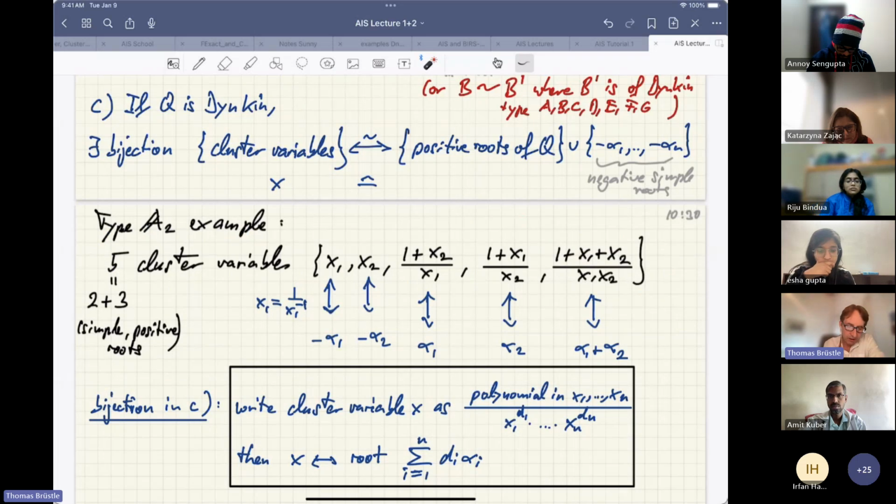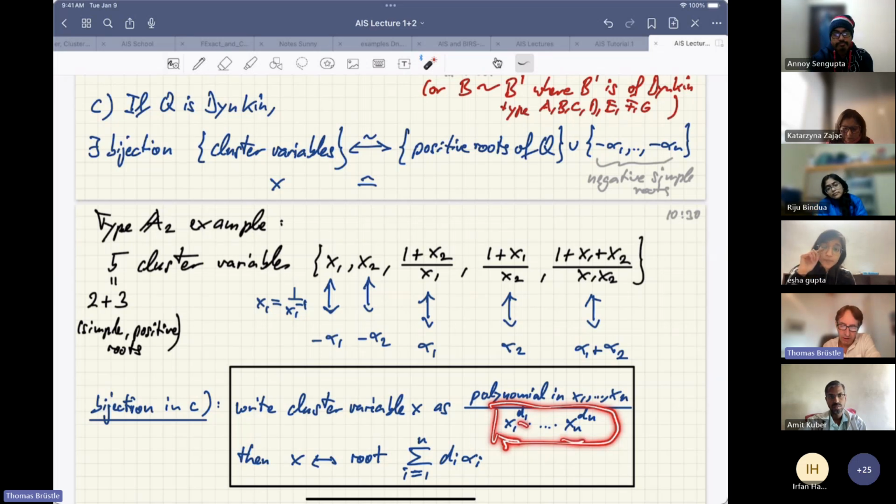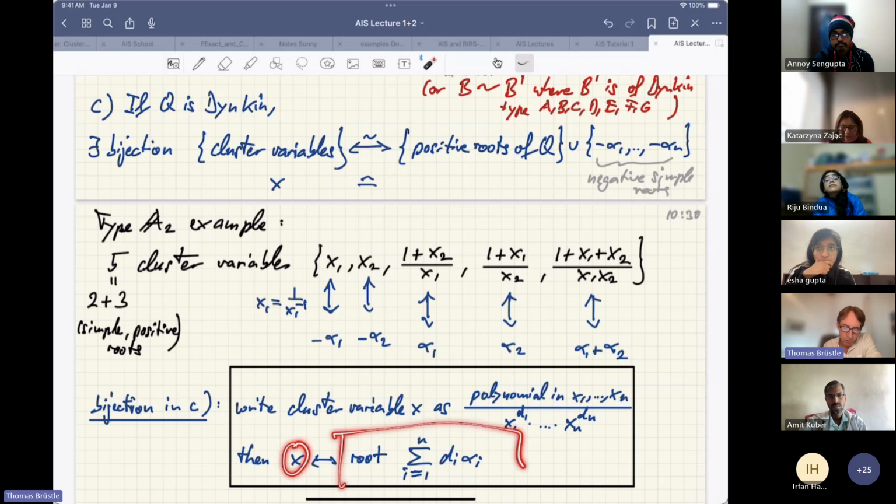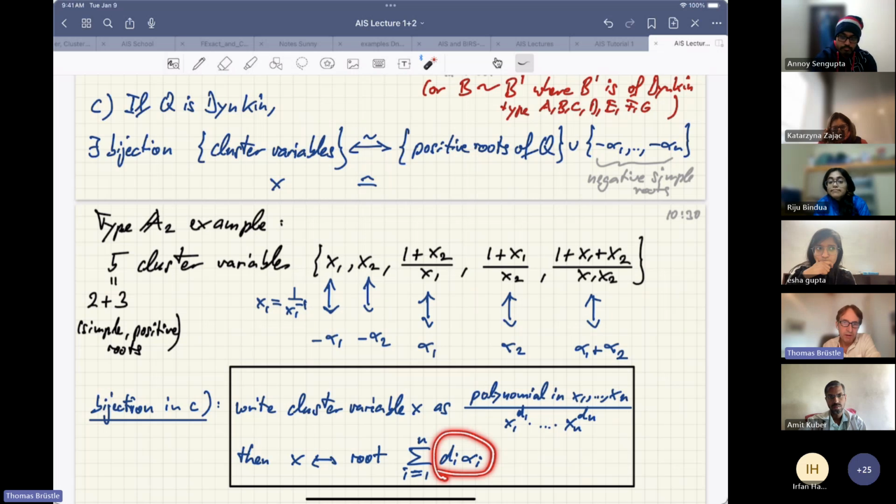We write our cluster variable as a Laurent polynomial, meaning in the denominator we have only monomials. The monomial is going to be a power of the initial variables with some exponents d1 up to dn, and then we relate this variable x to the root, which has exactly these numbers of the simple roots appearing.